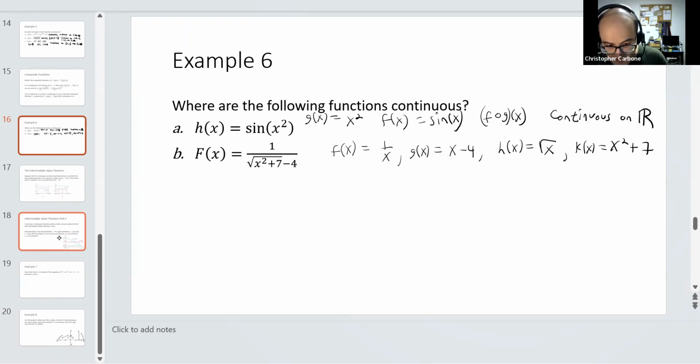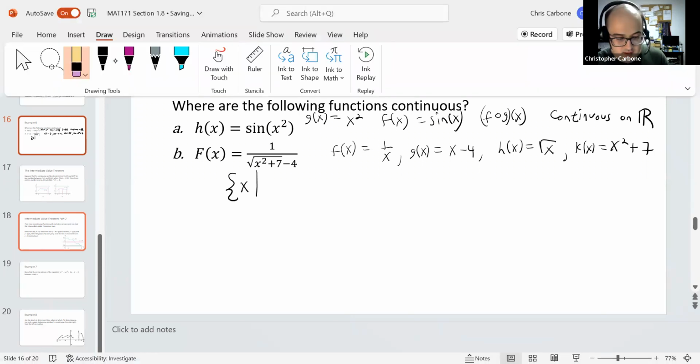Because of this, we have a couple of things to make note of. Due to this being a rational function, we need to look at the domain to find where it cannot exist.